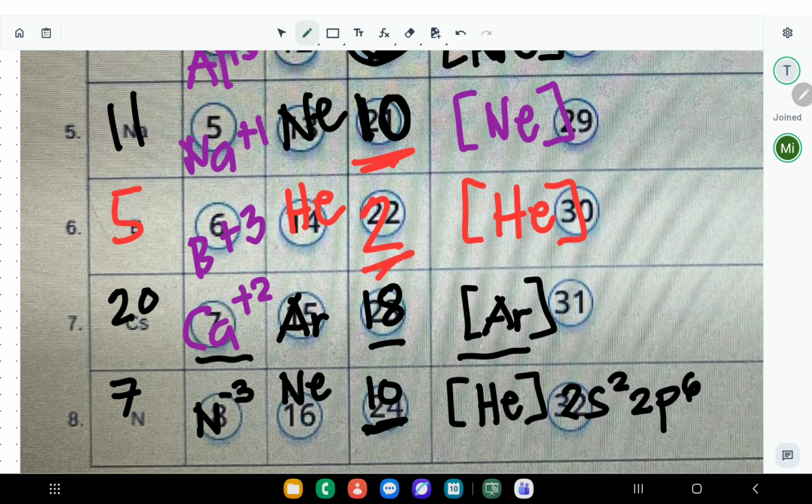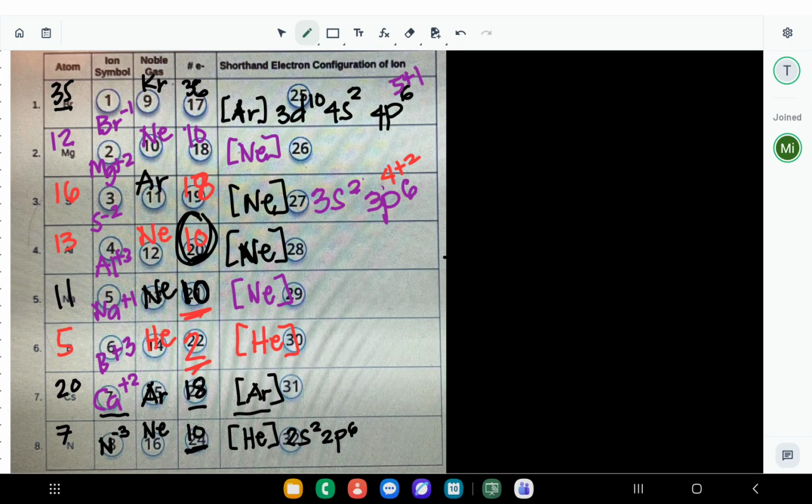So this is now the shorthand electron configuration of the nitrogen ion. Yeah, I hope you understood everything. Is that the last one? Have we answered everything? Yeah, we did. Any clarifications?